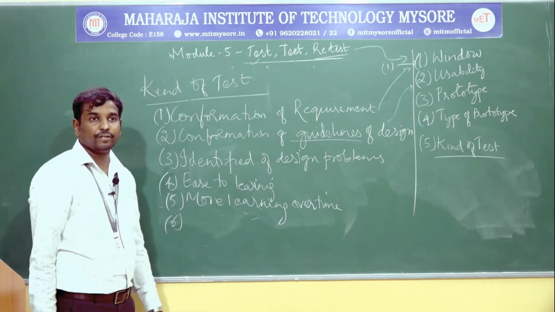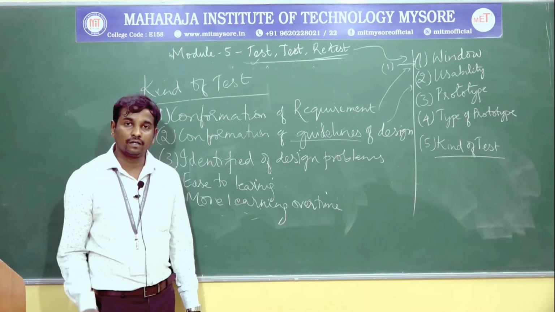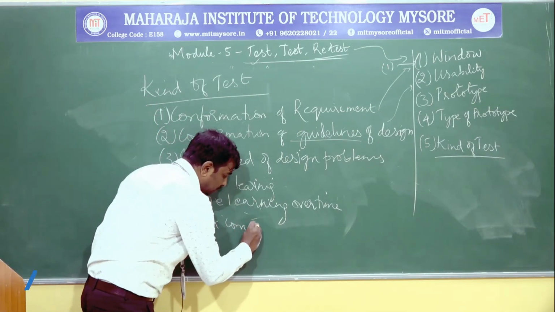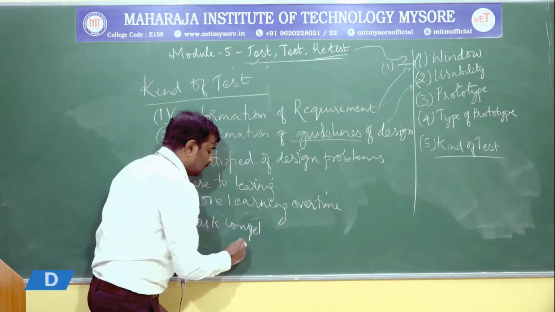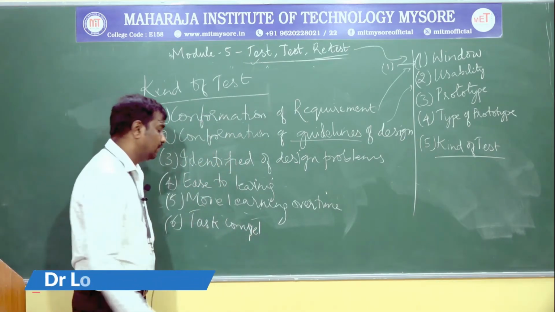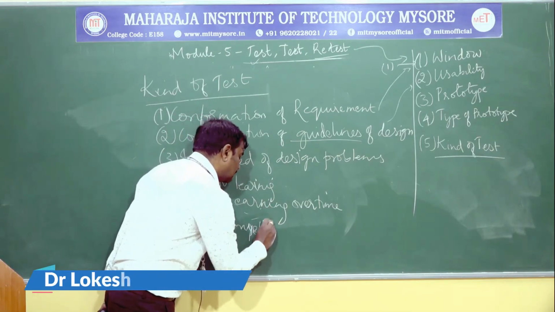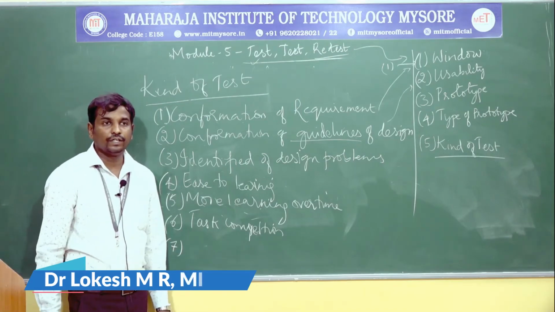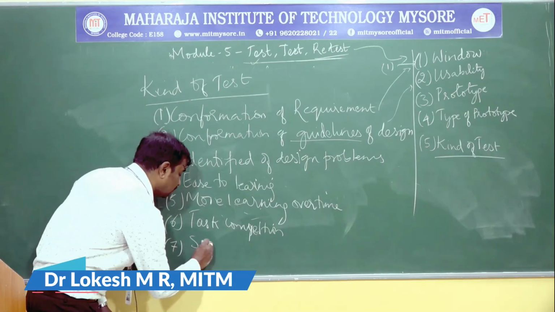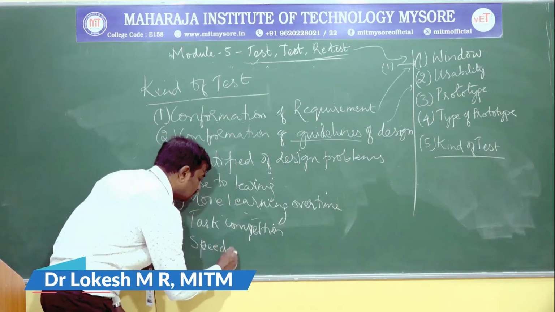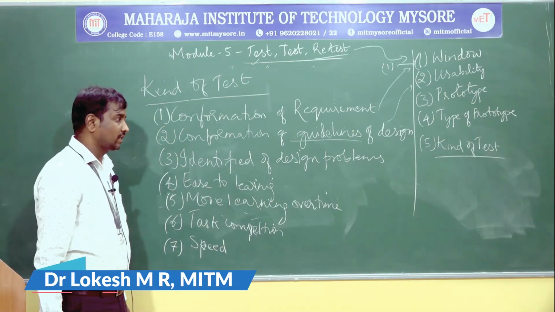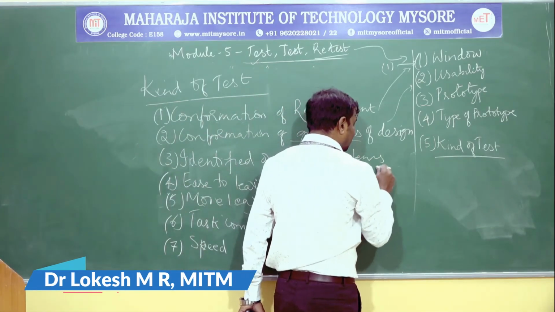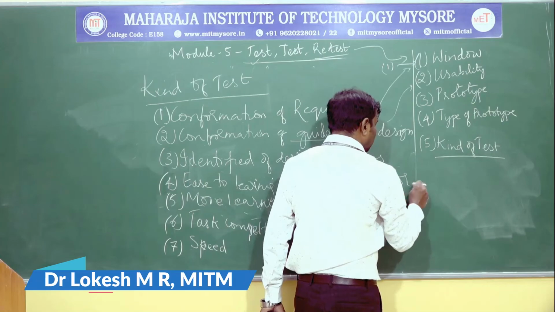And in the sixth step, we need to identify the completion of the task, because all the operations we are doing are with respect to the task itself. We also need to speed up the process and use error-free code.